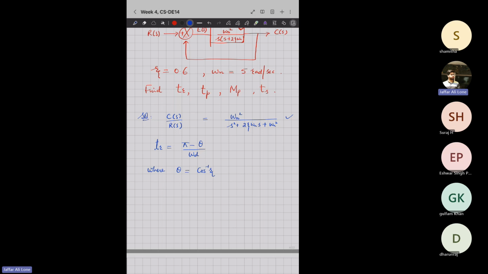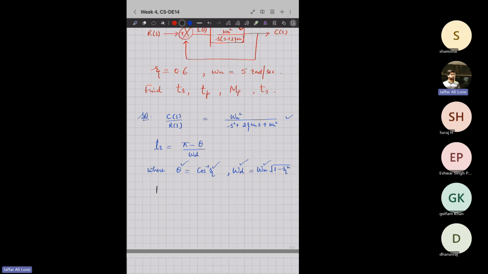So my theta is cos inverse of zeta, and my omega d, the damped frequency of oscillation, is given by omega n into square root of 1 minus zeta square. We know zeta, we know omega n, so we know omega d, we know theta, we should be able to find the answer.